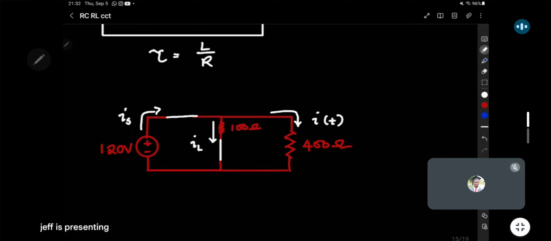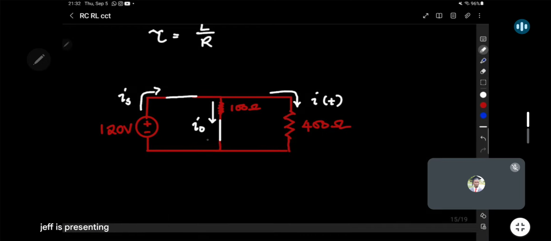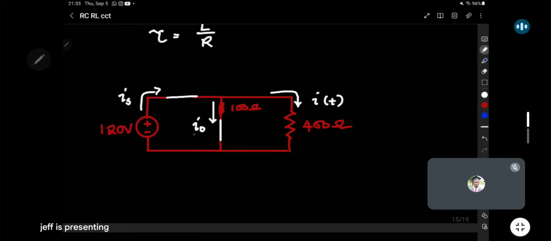Now, our I0 will be the current that will be passing through the branch where the inductor was. So we now just need to figure out how much current passed through this branch. That becomes our I0. The way the circuit is, we can use current division, since the 100 ohm is in parallel with the 400 ohms.